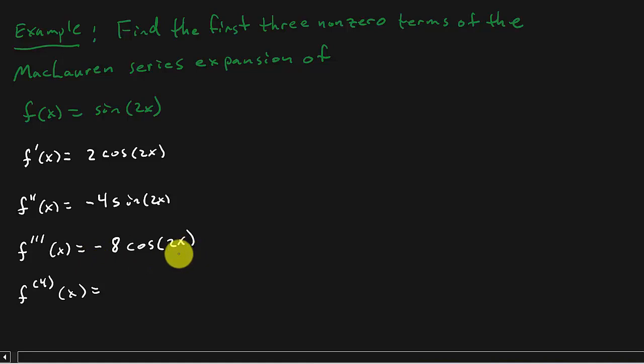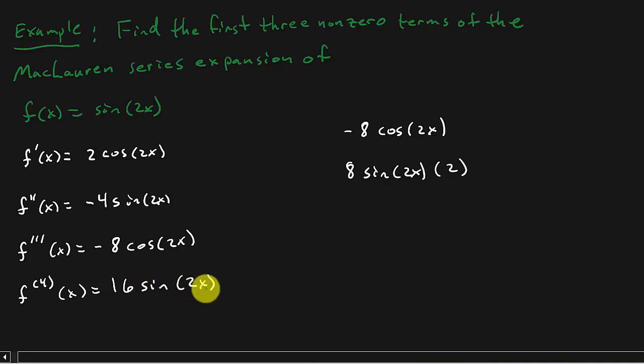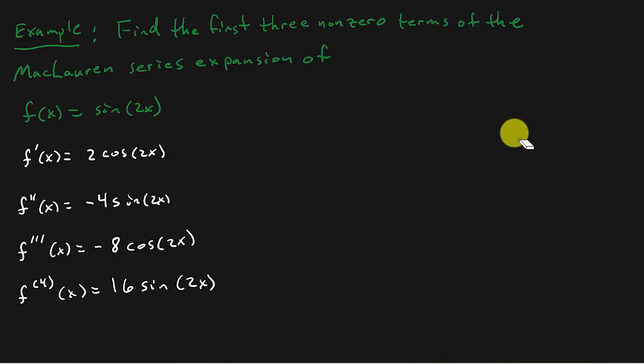Let's just come over here to the side and do it. So negative 8 cosine 2x. The derivative of that is 8 sine 2x times the derivative of what you're taking the sine of, 2. So that's going to be 16 sine 2x. Now, let's look at this real quick. Let's just kind of see what we have. So remember, we're going to be plugging 0 in, and we want the first 3 non-zero terms.